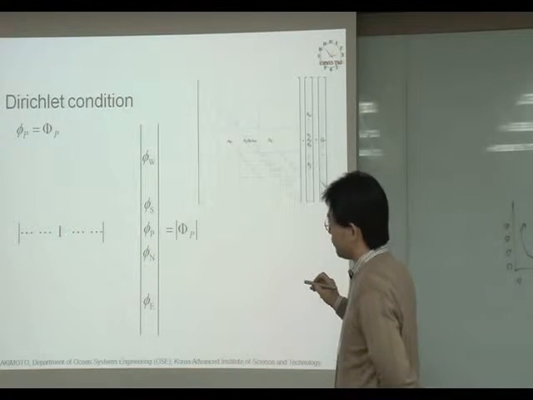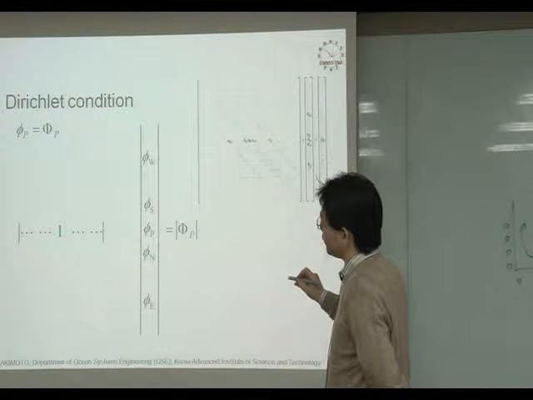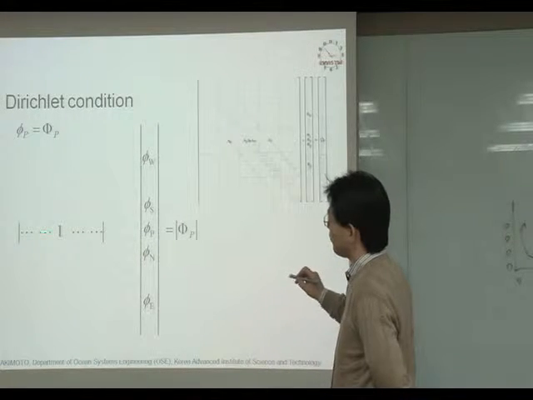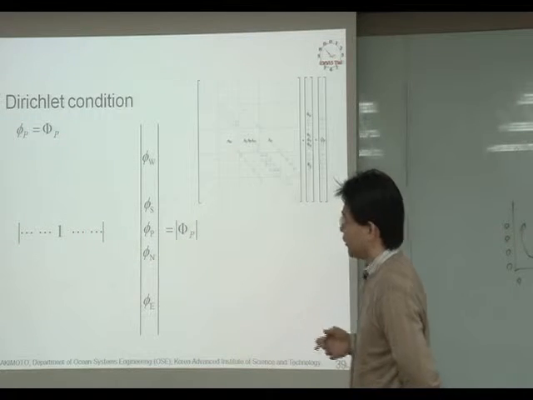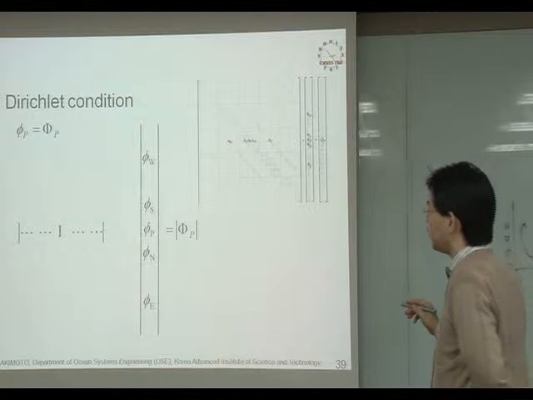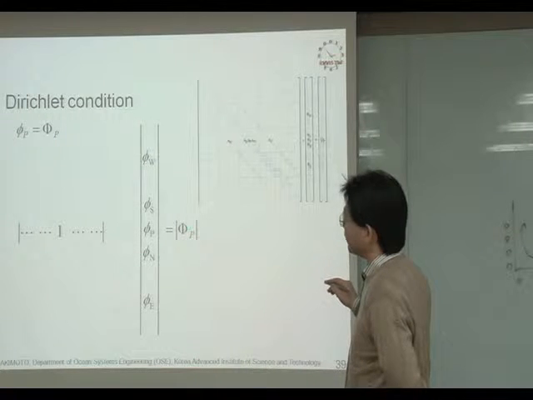In this case, we change the matrix components so that the coefficient on phi p is unity, and other components are cancelled to 0. So the resultant equation is only phi p is equal to capital phi p.